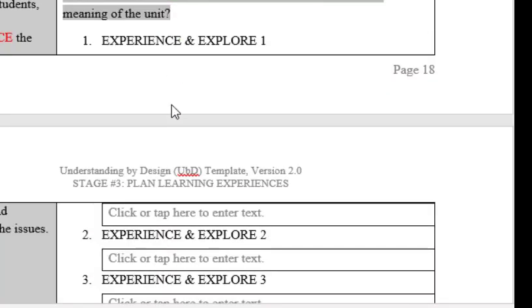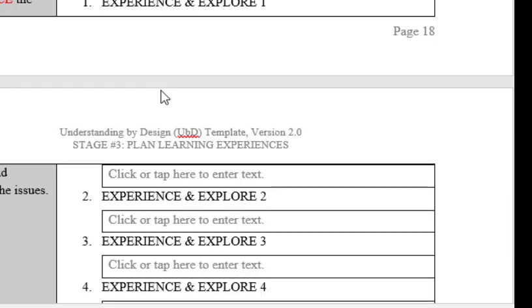As we move down a little farther, we have experience and explore. And this is how students will uncover the meaning of the unit. So this is how you're going to equip students in some way to know what it is that they're understanding here.